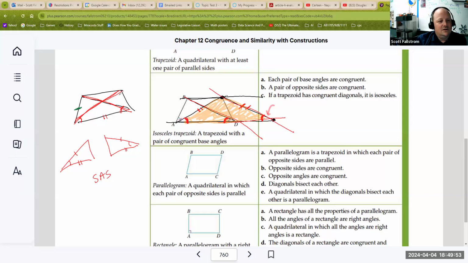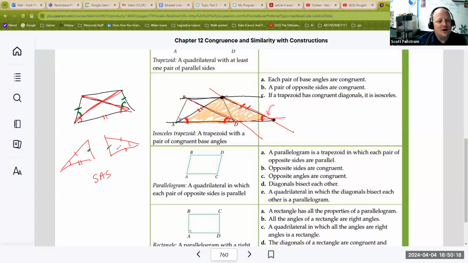Therefore, this remaining piece on each of them must be identical. And if those are identical, then I have congruent triangles where I can say now, therefore, this angle here has to be the same as this angle here.